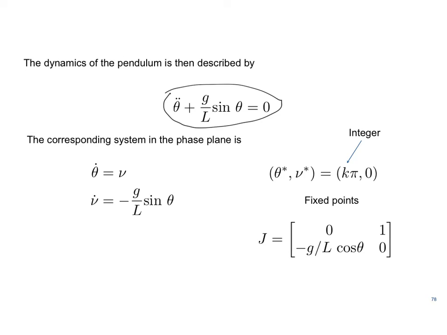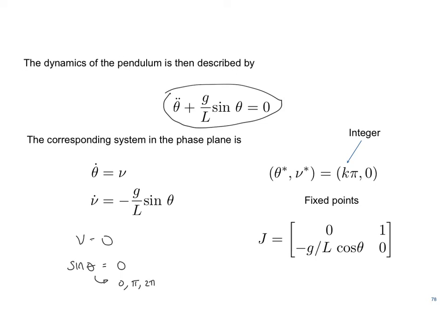Something that I just forgot to say, the fixed points. What are the fixed points in here? They are nu equal to 0, and also sine of theta equal to 0. That's why we will have theta being just 0, pi, 2 pi, and so on.